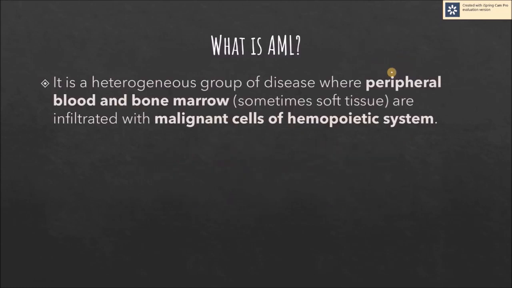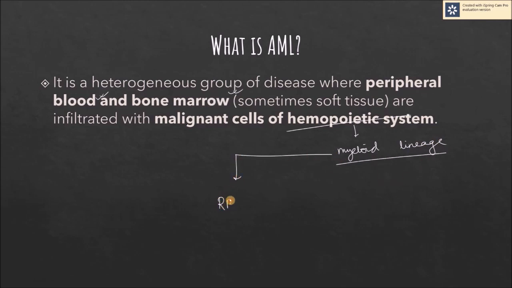So let's see its definition. It is a heterogeneous group of diseases where peripheral blood and bone marrow is infiltrated with malignant cells of the hematopoietic system, that too of myeloid lineage. So myeloid lineage has the precursors for RBCs, platelets, monocytes and granulocytes.